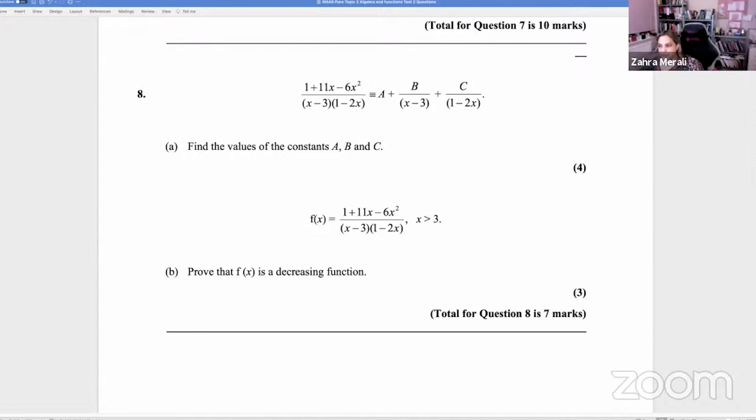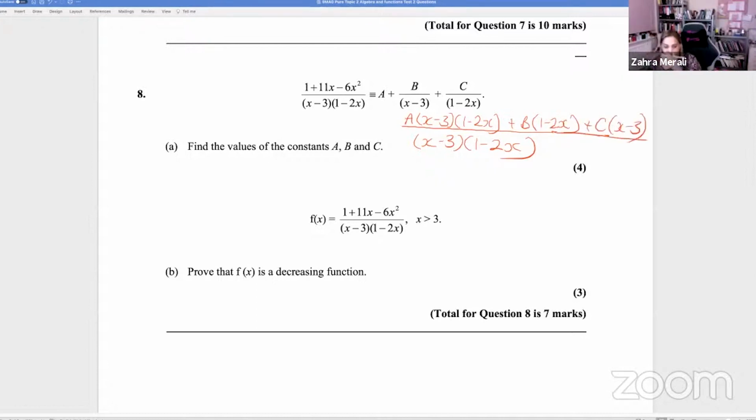It doesn't matter which way you do it, but I will show you how I would probably do it. I would make the denominators the same. We get a multiplied by everything, b times minus 2x, and c times x minus 3.